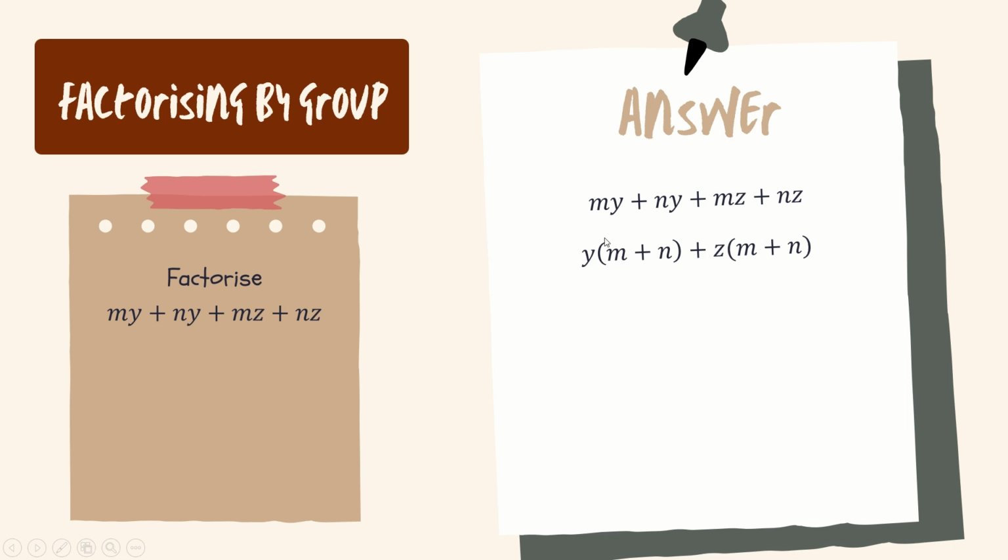Because these two terms have m plus n as a common factor too, we take out the common factor, which is m plus n, and we put y plus z in the second brackets like this. So the answer of factorizing my plus ny plus mz plus nz is y plus z multiplied by m plus n.